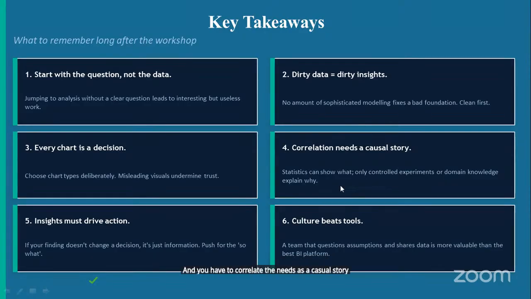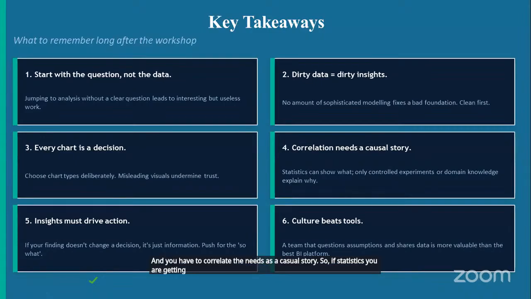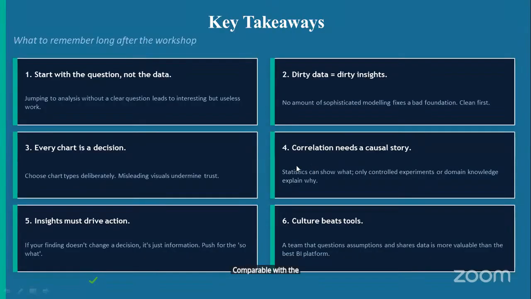So if statistics you are getting like mean, median, or R value, correlation coefficient, or accuracy value or precision value, you have to understand how these values will be comparable with the data. Okay. And how these values I can convert into significant answers for the query.